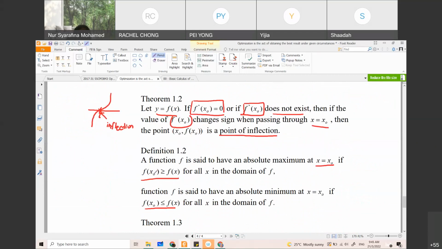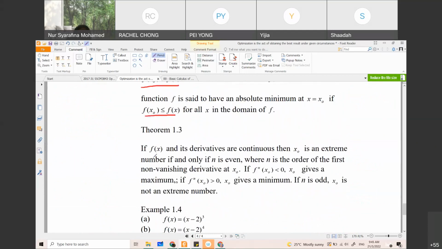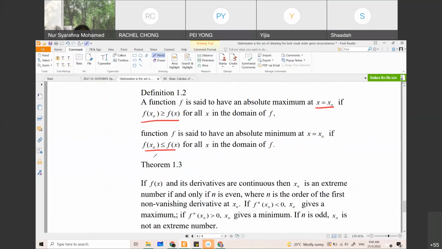So same. All right, so by theorem 1.3, if f(x) and its derivatives are continuous, then x naught is an extreme number if and only if n is even, where n is the order of the first non-vanishing derivative at x naught.